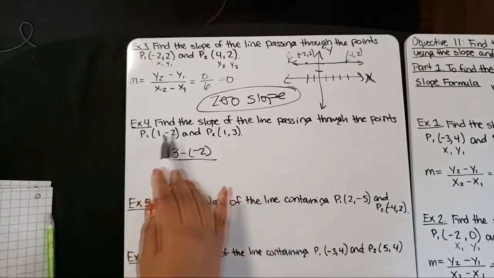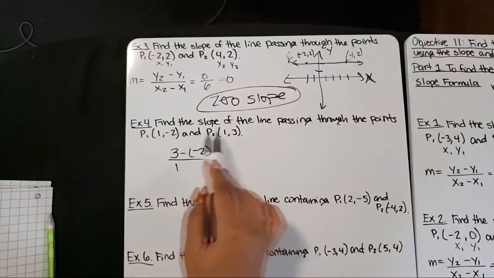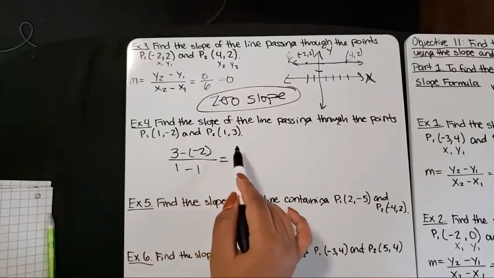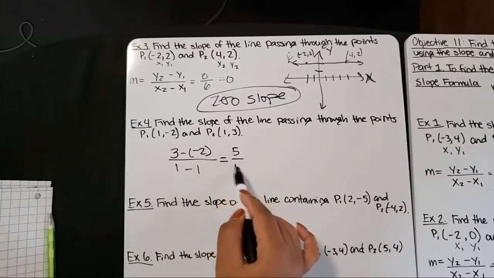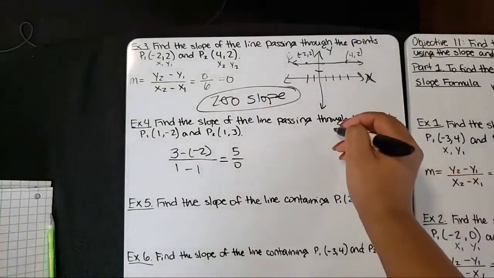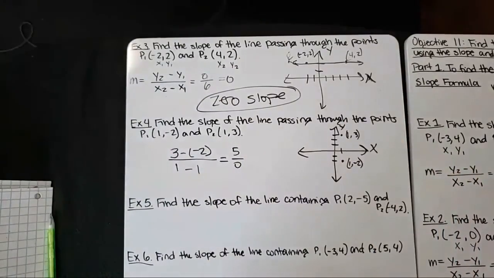Then our x2 is 1 and our x1 is 1. So we have 1 minus 1. So we end up getting 5/0. So who remembers what it is when we have a number divided by 0? Yes, undefined.